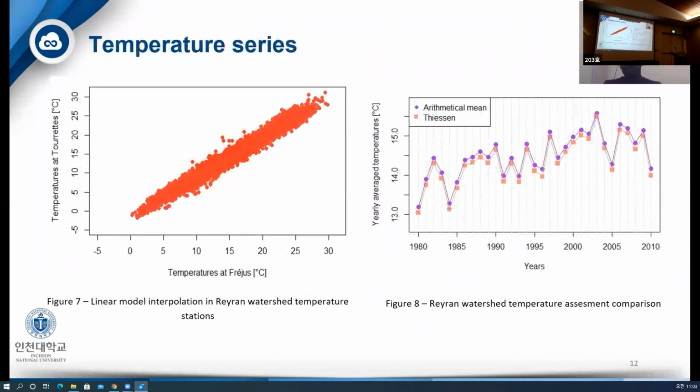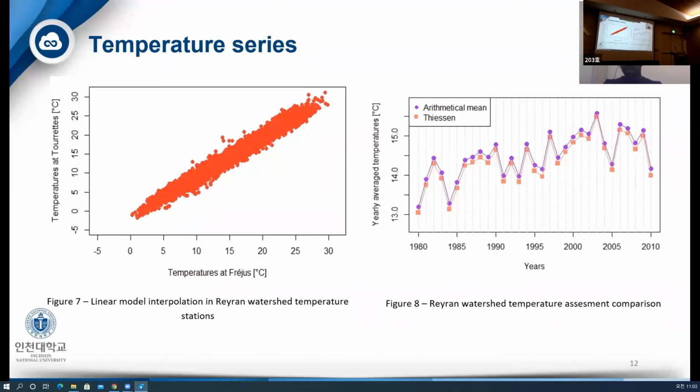Now, when it comes to the temperature series, I had to fill in the gaps in the temperature series by using a linear model interpolation between two stations, namely Fréjus and Tourette. I didn't use Saint Raphael, as the influence was really low, 5%, so it was not necessary to add the station.